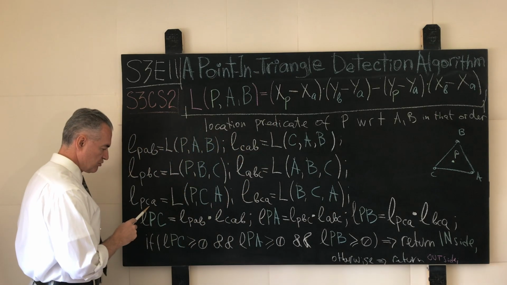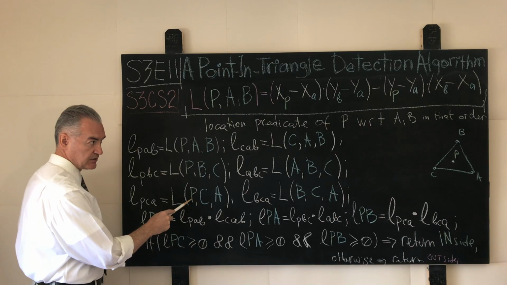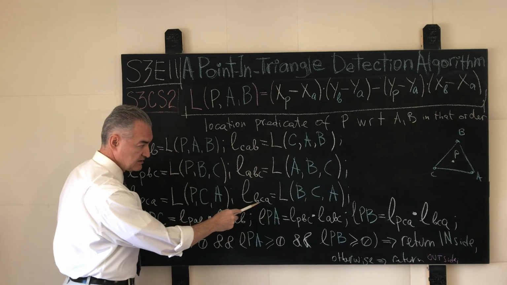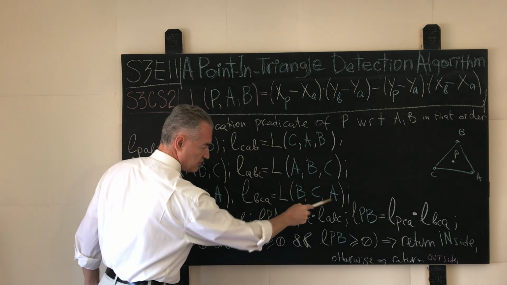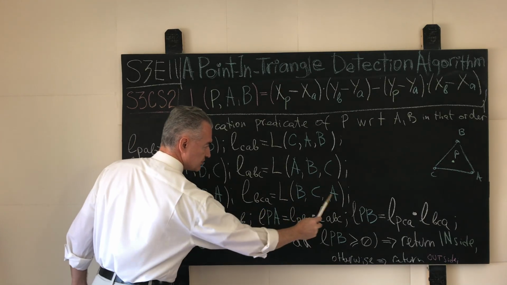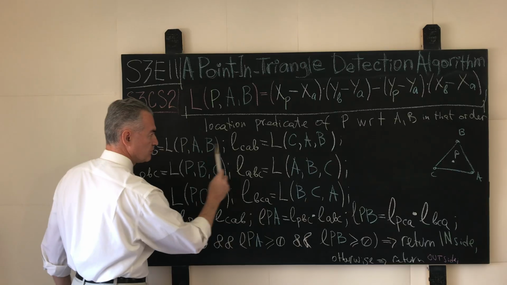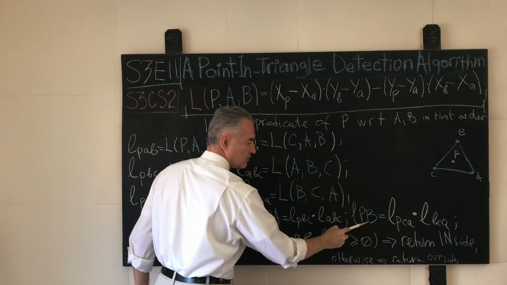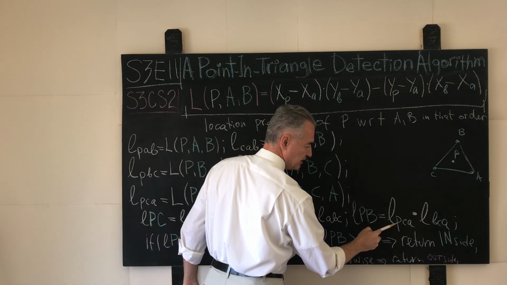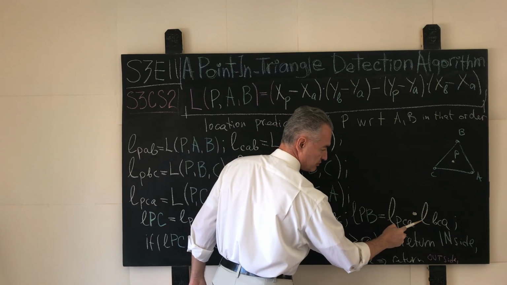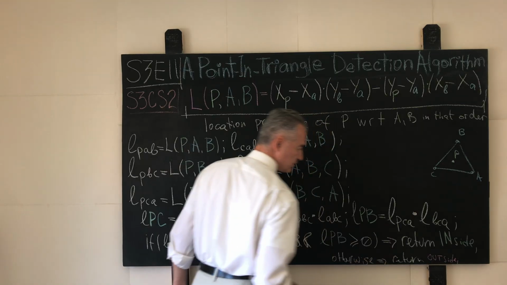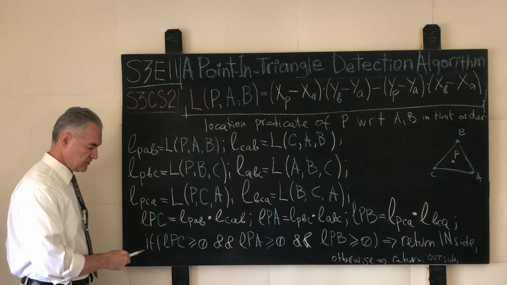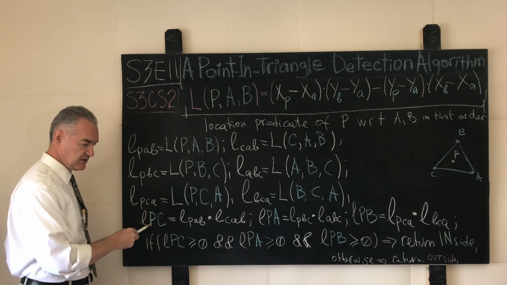We compute the location predicate LPCA of the point P with respect to the straight line that passes through the points C and A. We compute the predicate LBCA of the point B with respect to the straight line that passes through the same points C and A. We construct the product LPB, which is the location predicate of the point P with respect to the points C and A times the location predicate of the point B with respect to the points C and A. That's it.